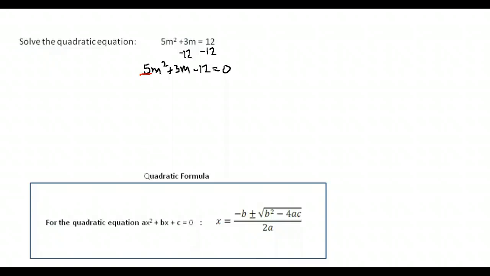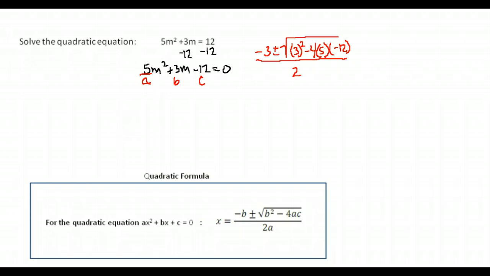Again, a is the number in front of your squared term, b is the middle term in front of our m, and c is always the number that doesn't have a variable with it. We plug it into the quadratic formula. So we do negative b, so negative of 3, plus or minus the square root of b squared, so 3 squared, minus 4 times a, which was 5, times c, which was negative 12, all divided by 2 times a, which again was 5.